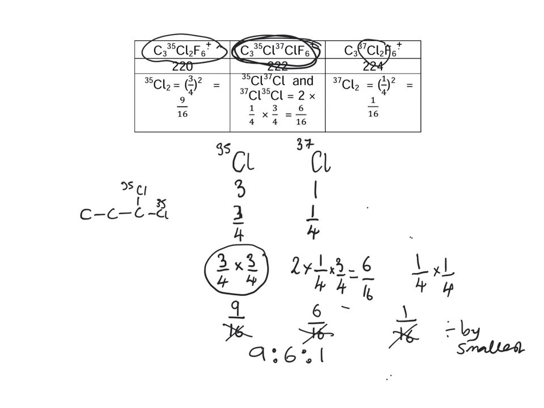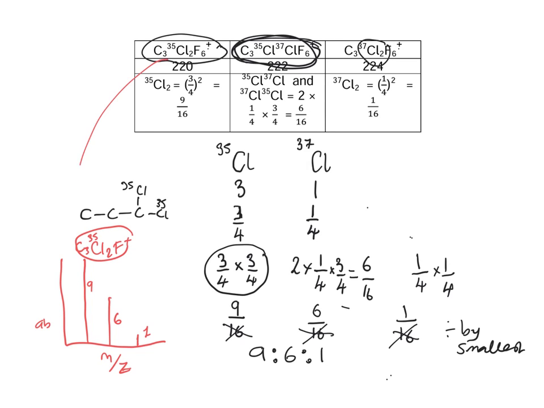It's not been asked for, but if you were asked to sketch the peaks and the m/z, don't forget that on a mass spectrum, there's the mass to charge ratio, there's the abundance, so the ratio is 9 to 6 to 1, where this is C3Cl2, both isotopes 35, F6+.